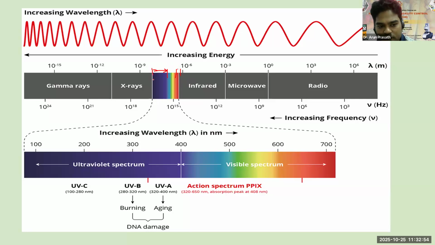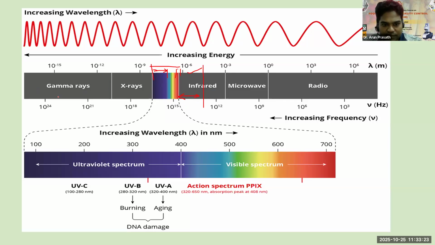All the light from the ultraviolet spectrum till the infrared region can be used for spectroscopy. Even some portion of the infrared region, like the near infrared region, can also be used for spectroscopy techniques. Beyond this infrared, we have microwave and then radio wave.